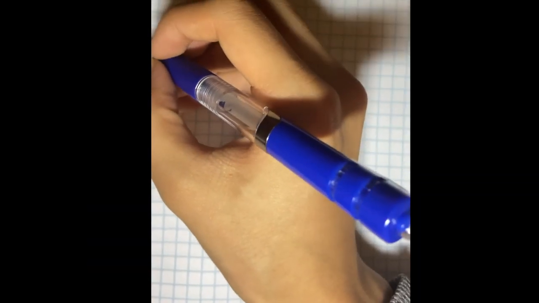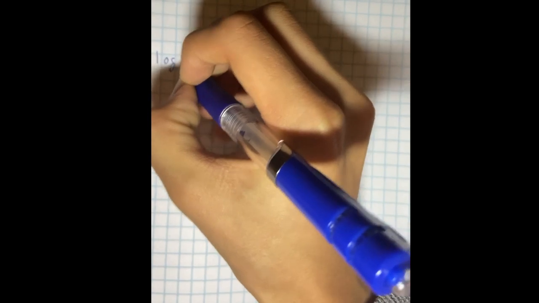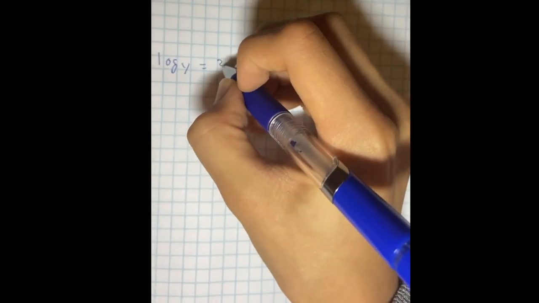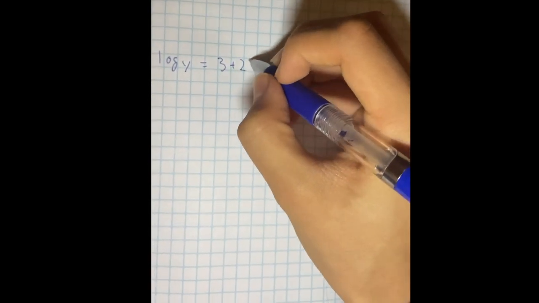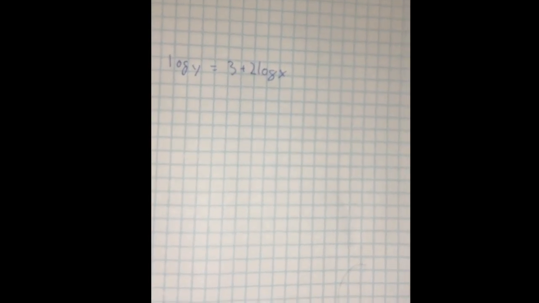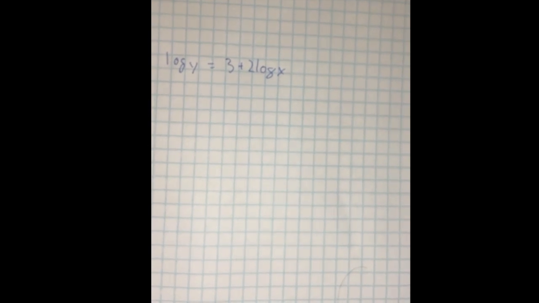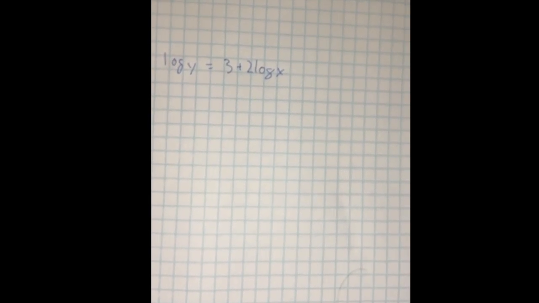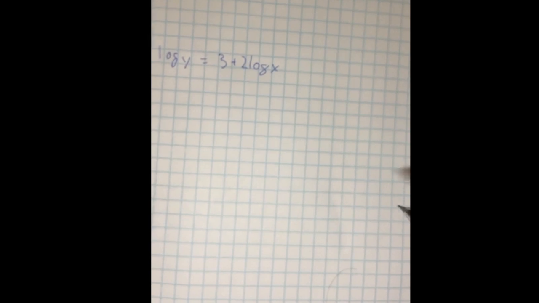In order to prove how log y equals 3 plus 2 log x is linear, we would have to do something where the logs are gone and then graph it to see if it's linear or not.